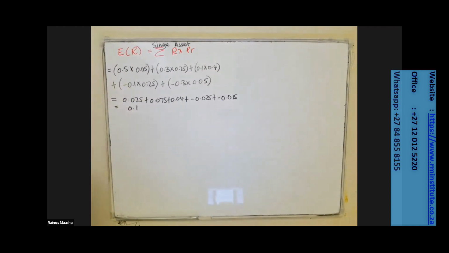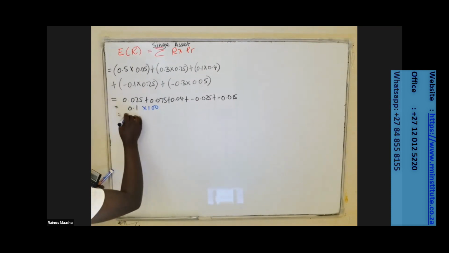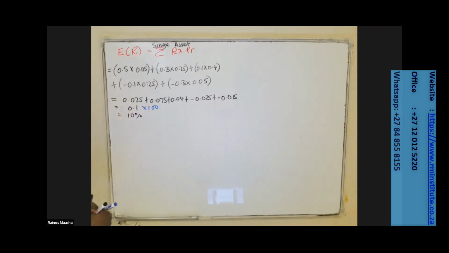And if you get 0.1 and you multiply that by 100 to make it a percentage, this is how you get 10% as your expected return.